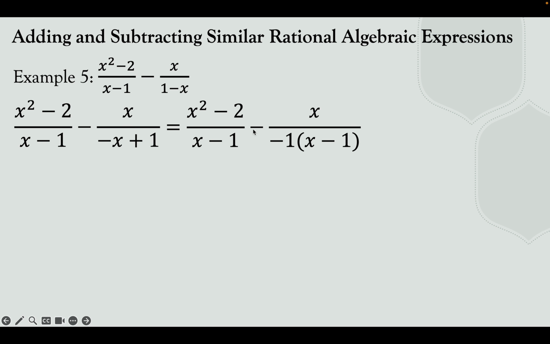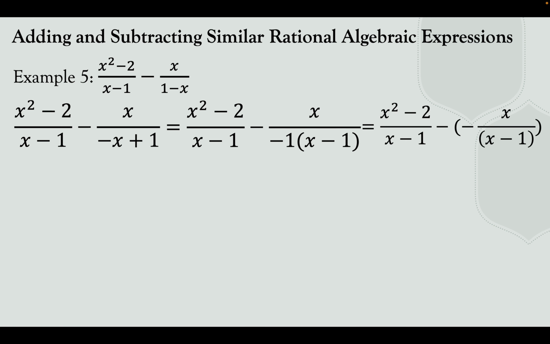Factoring out negative 1, negative x divided by negative 1 is positive x, and 1 divided by negative 1 is negative 1. Since our denominator now has a factor of negative 1, the second term turns into negative x over x minus 1.